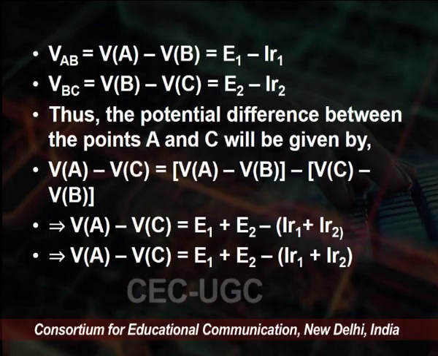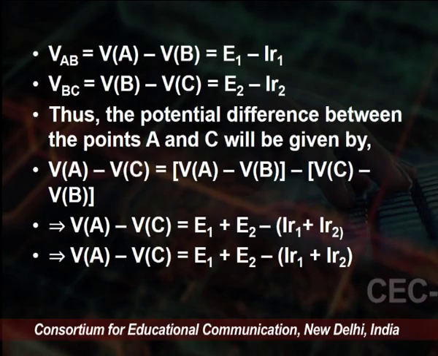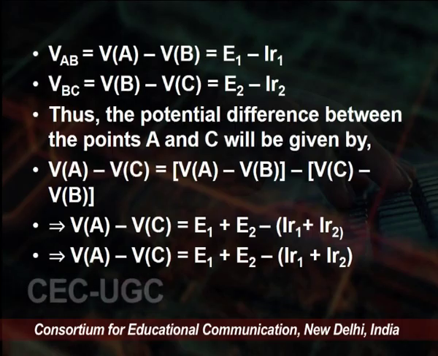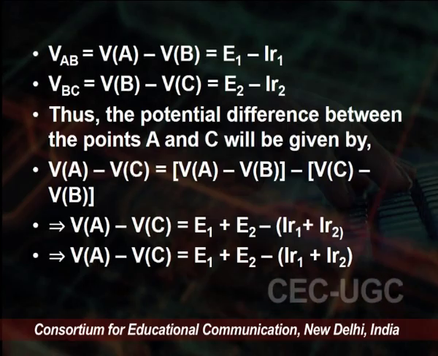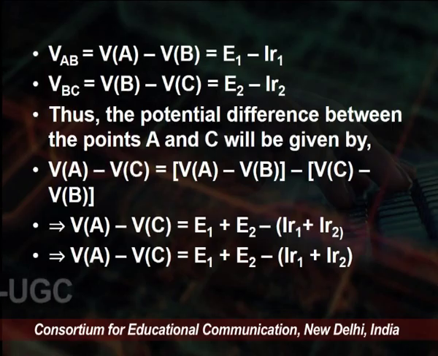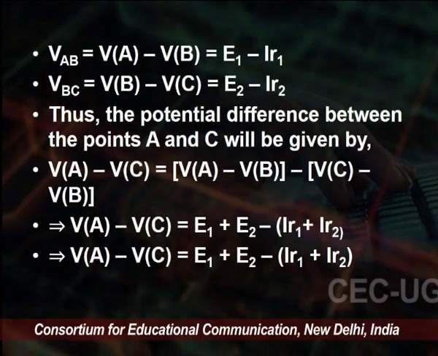Thus, the potential difference between the points A and C is VA minus VC, which equals VA minus VB plus VB minus VC. The VB terms cancel, so VA minus VC equals E1 plus E2 minus I(R1 plus R2).